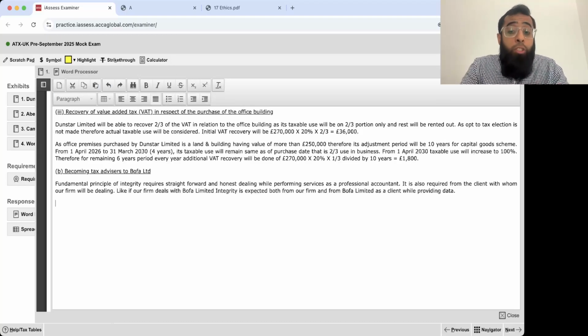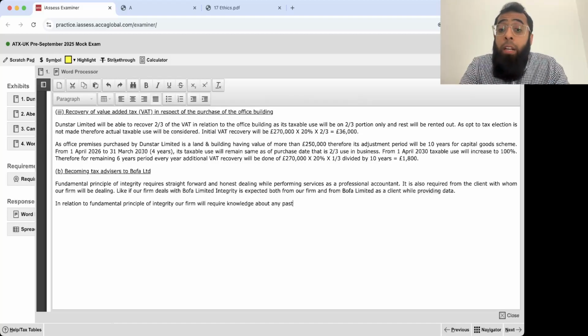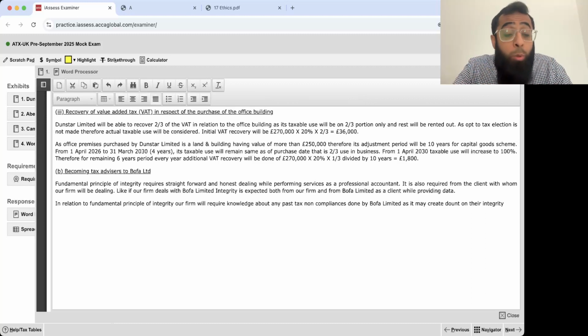In relation to the fundamental principle of integrity, our firm will require knowledge about any past tax non-compliances done by BOFA Limited, as it may create doubt on their integrity. That is, how many times they have been caught by the tax department. Maybe we don't want to deal with someone who is not straightforward and honest.